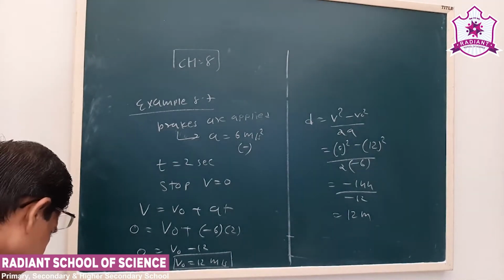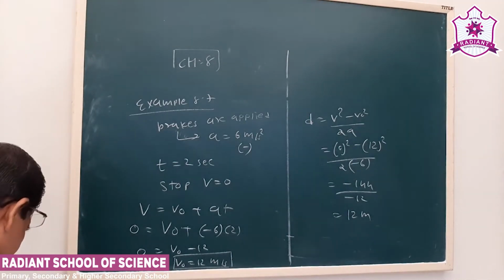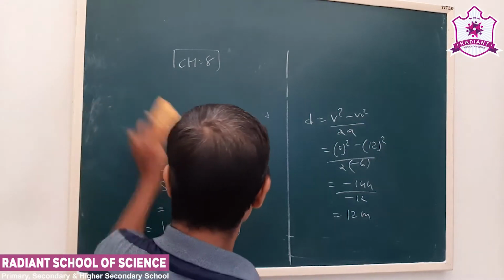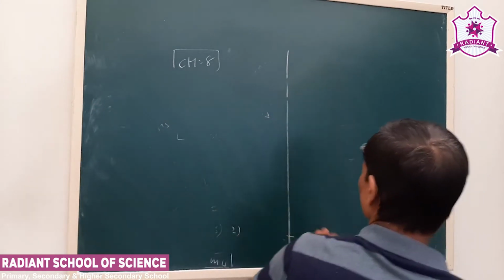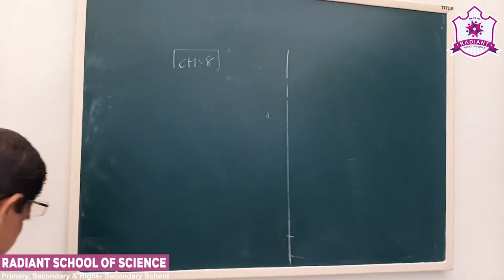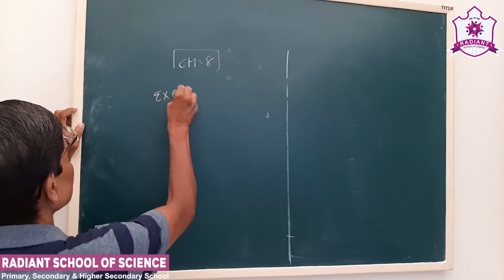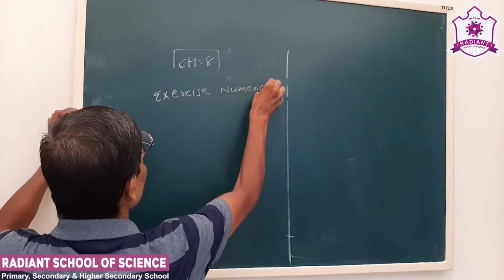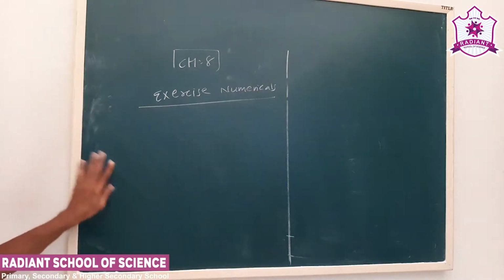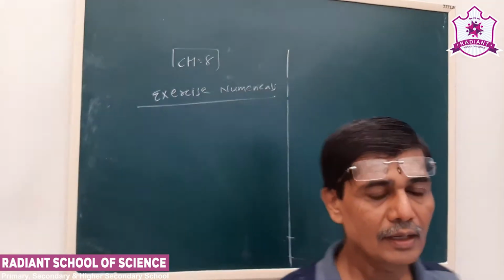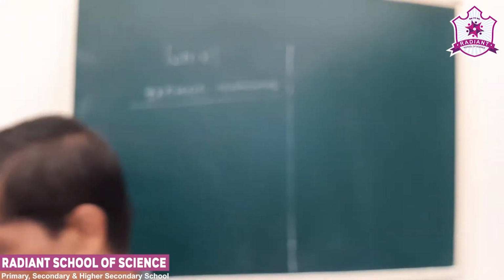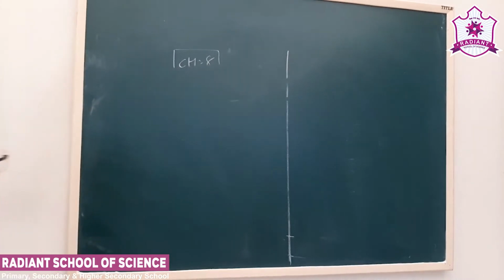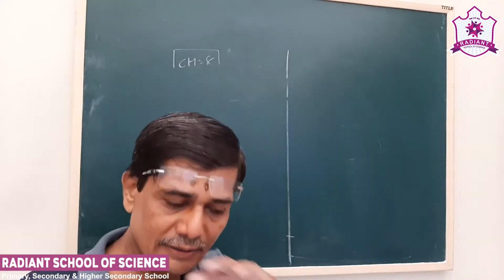Now, see, most of our example part is over. Now we take exercise numericals. Before going for the exercise numericals, I want to make a list of the equations we come across in this lesson.